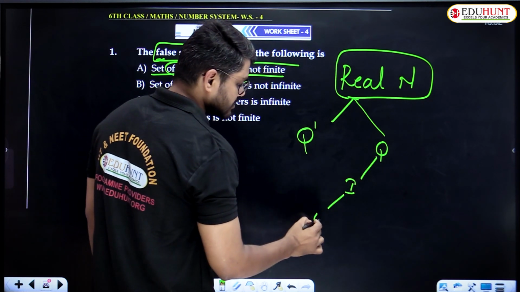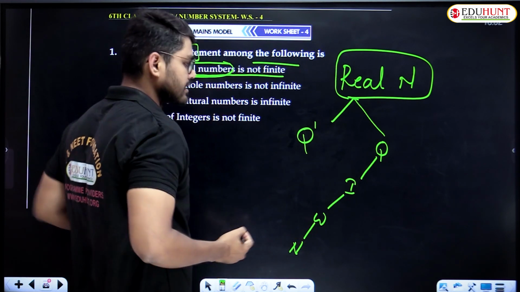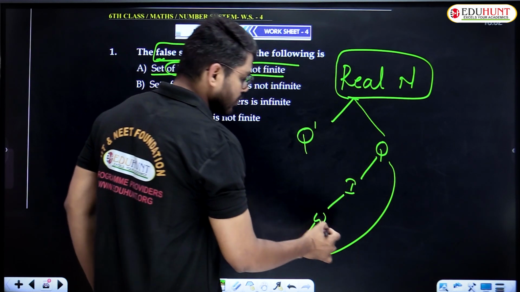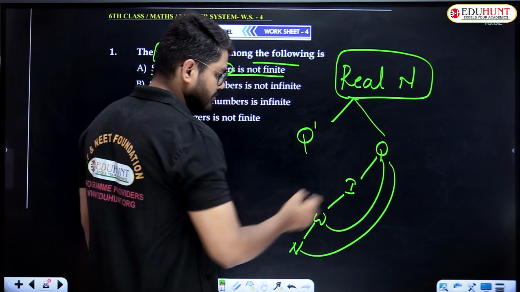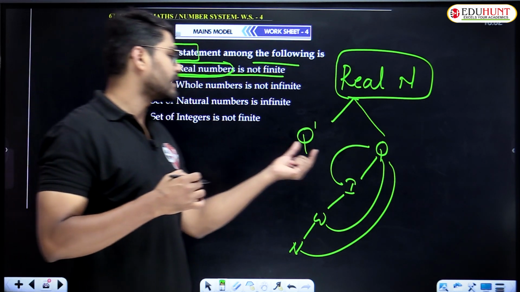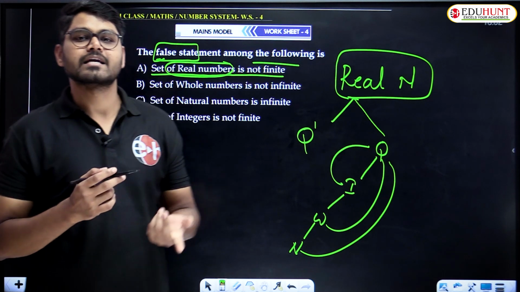In integers, whole numbers are there. In whole numbers, natural numbers are there. That means natural numbers, whole numbers and integers are all part of rational numbers. Combining these rational numbers and irrational numbers, those numbers are called real numbers.